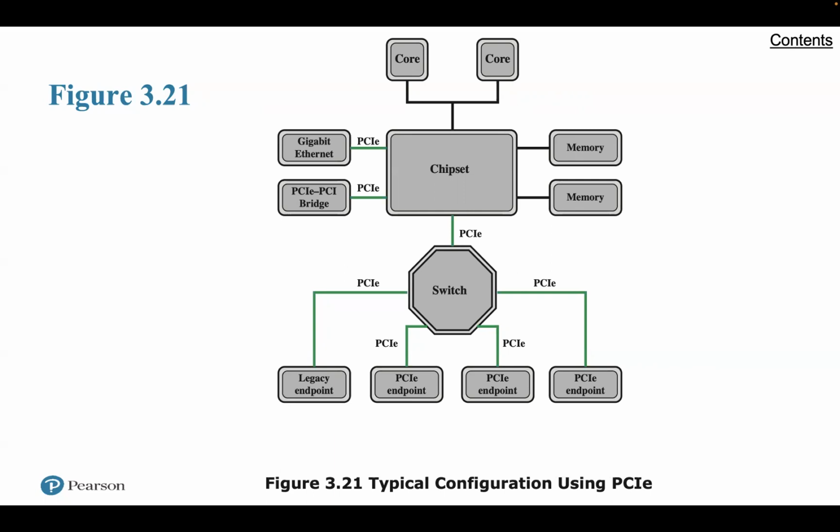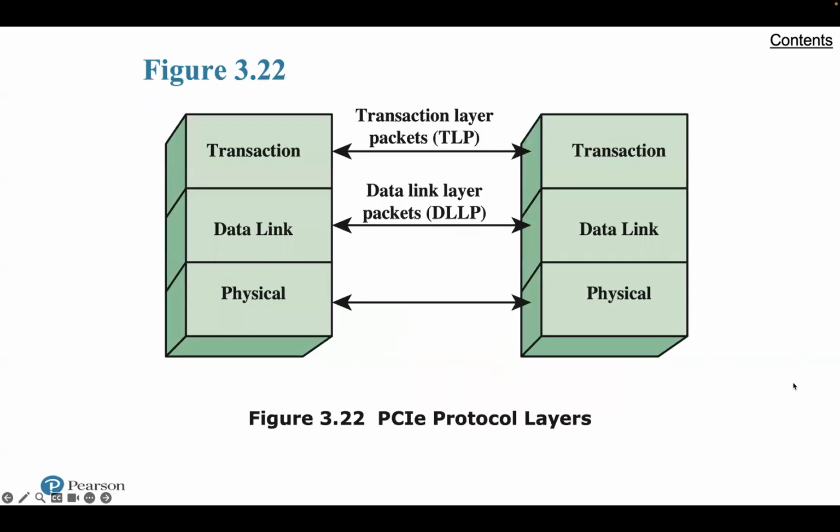PCIe links from the chipsets may attach to the following kinds of devices: switches, PCIe endpoints, legacy endpoints, and PCIe/PCI bridges. This is like a Swiss Army knife for connections, and there are a lot of different things available within its wheelhouse of capability.